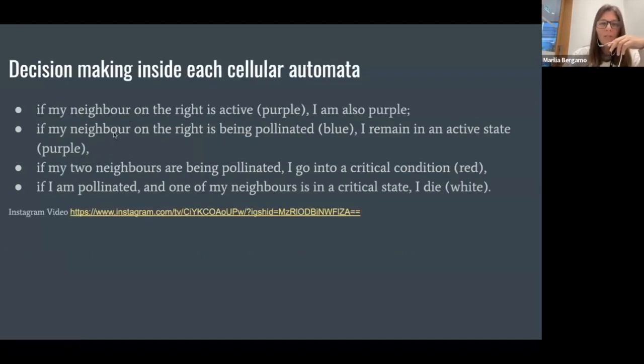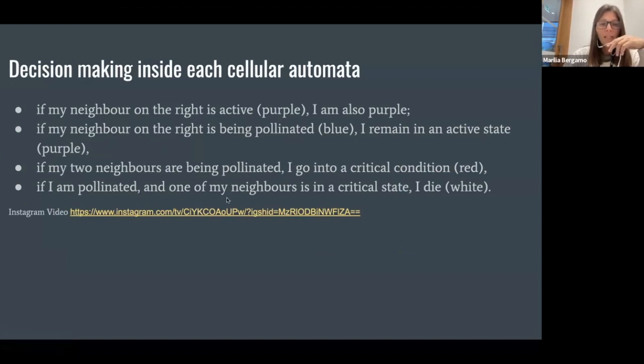The decision-making process of the state machine was like this: if my neighbor on the right is active, purple, I'm also purple. But if my neighbor on the right is being pollinated, becoming blue, I remain active and purple. But if my two neighbors are being pollinated, I go into a critical condition, red.